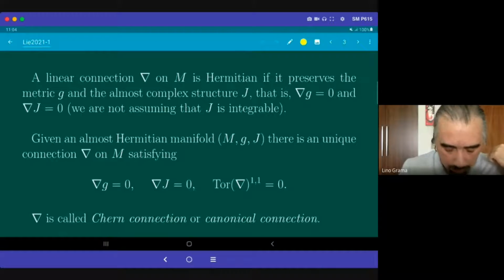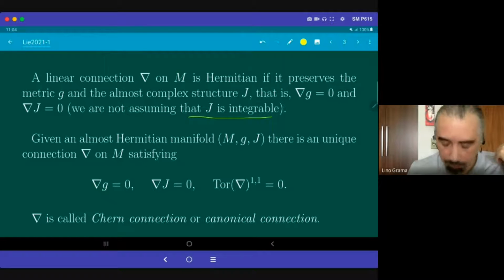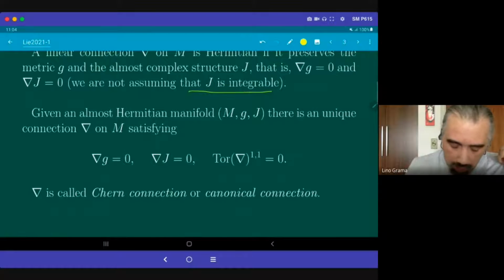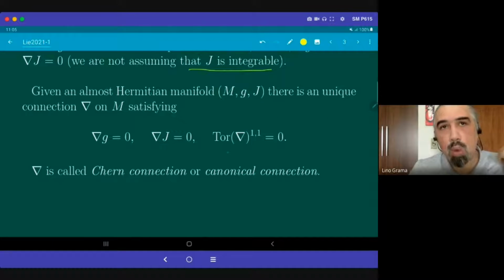Given a linear connection ∇, we call it Hermitian if it preserves the almost complex structure and the Riemannian metric. It is important that we are not assuming that J is integrable here. This is a definition. Given an almost Hermitian manifold, there is a unique Hermitian connection for which one part of its torsion vanishes.